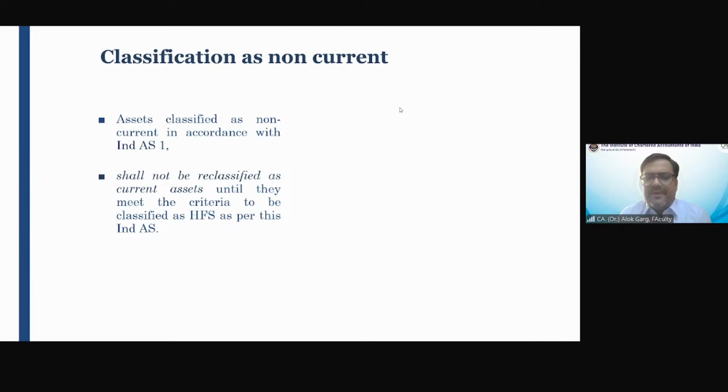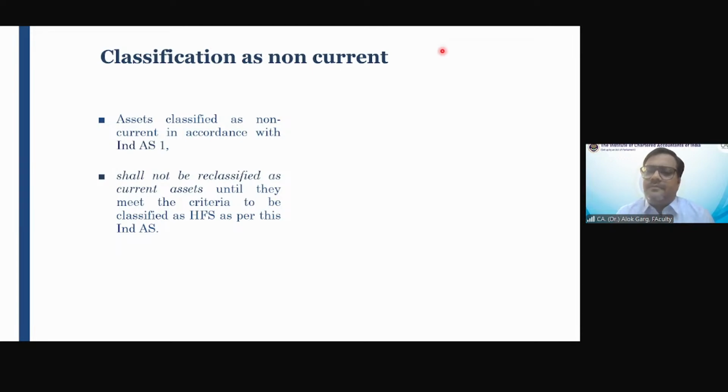Conceptual framework, okay. Ind AS 1. Ind AS 1, very good. Para 66. Ind AS 1. So while Schedule 3 में भी दिया है, but if I talk about the Indian accounting standard, Ind AS, so Ind AS 1 is the authority which talks about what is current, what is non-current. Okay. Ind AS 1 defines what is current, what is non-current.